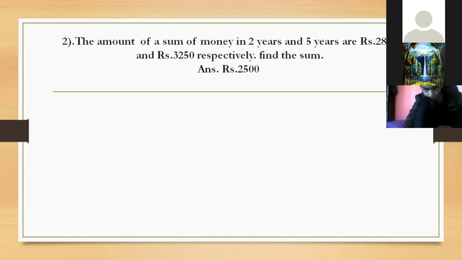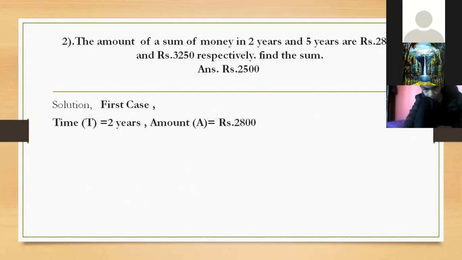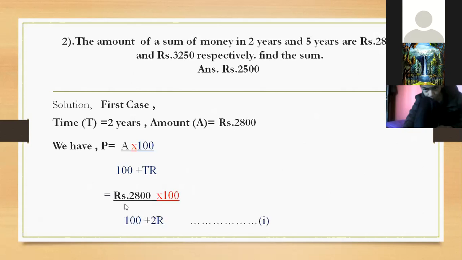Now listen. Here, question number 2. Have you done like this? Look here, I am checking. In the first case, have you used this formula? Principal equals A into 100 by 100 plus T into R. Then did you find this equation 1 like this?